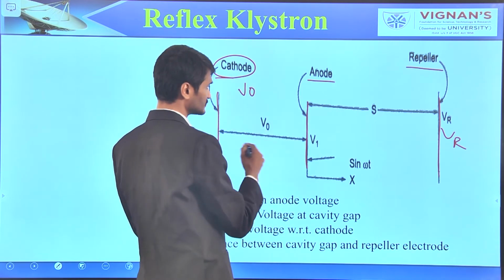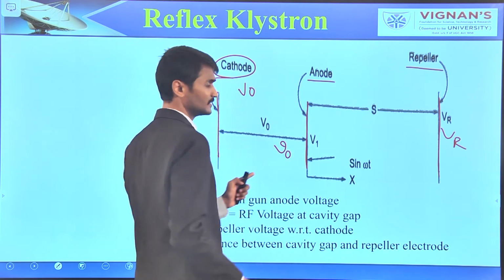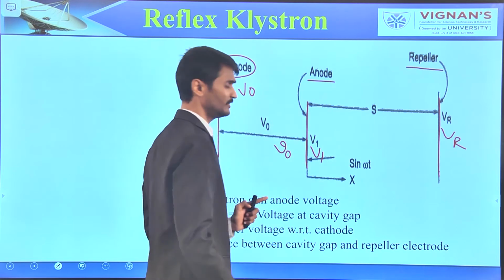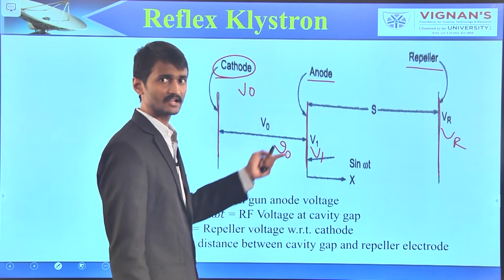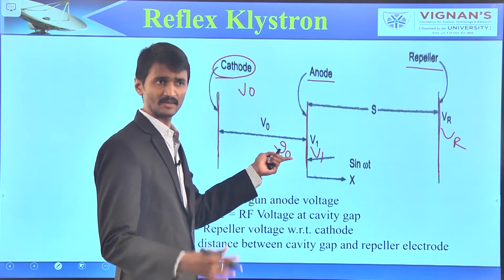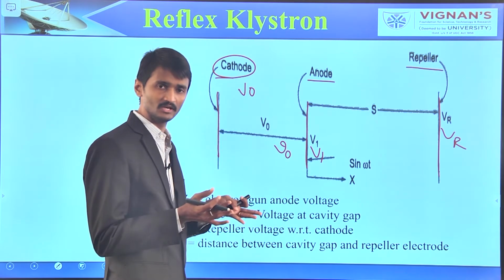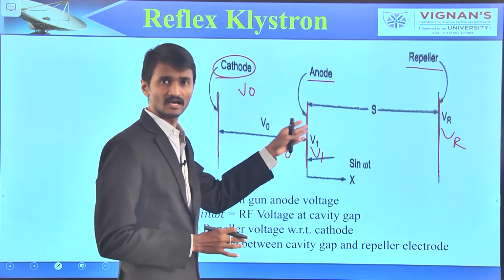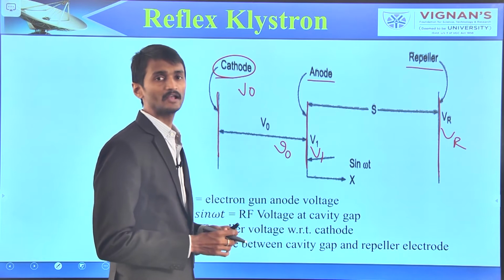The electrons travel up to the anode cavity with the velocity corresponding to V naught, and V1 is the voltage of the RF signal. Actually, here we are not applying any input signal. Because of the oscillations inside the cavity, the oscillations will be sustained, and the RF signal will be generated internally in the anode cavity.